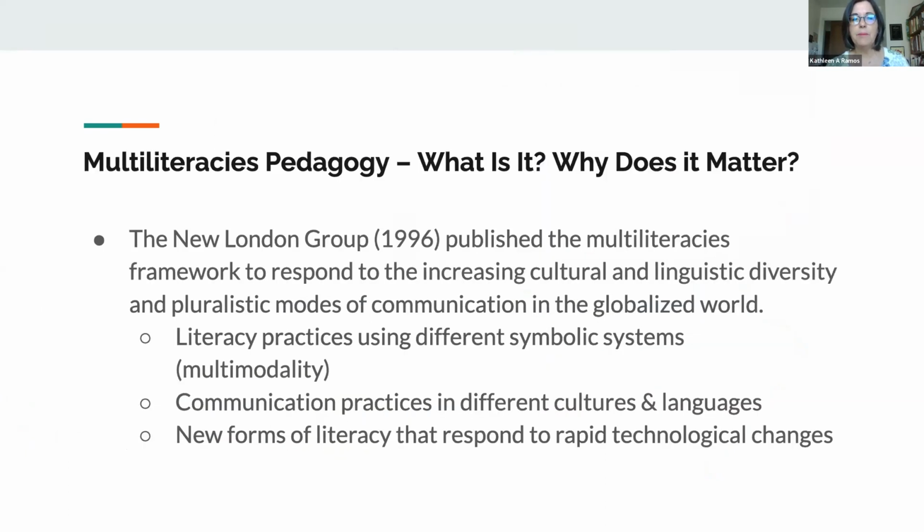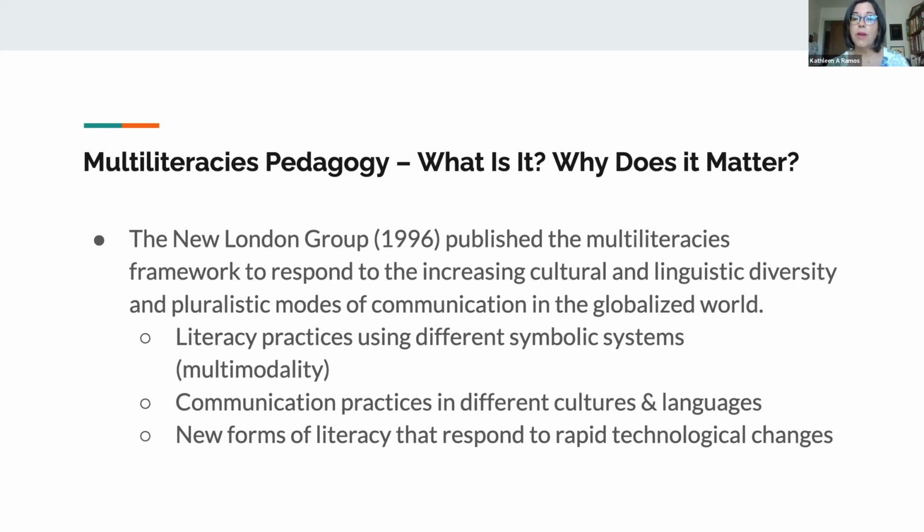Briefly, multiliteracies pedagogy came into being with a group of scholars who called themselves the New London Group. They published a multiliteracies framework in 1996, in response to the idea that being literate in today's globalized, interconnected world is quite different than it was even decades ago.